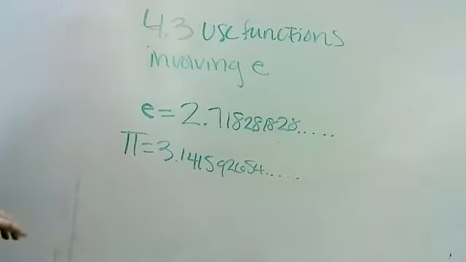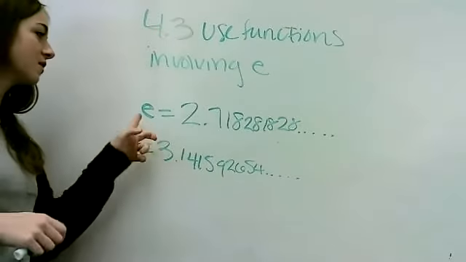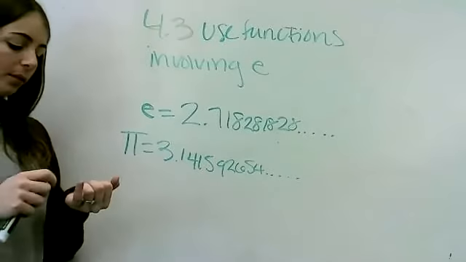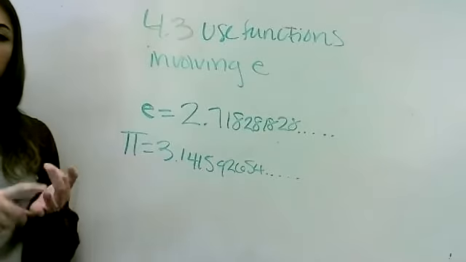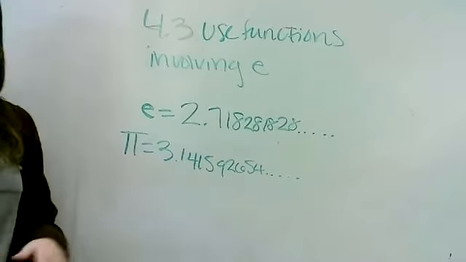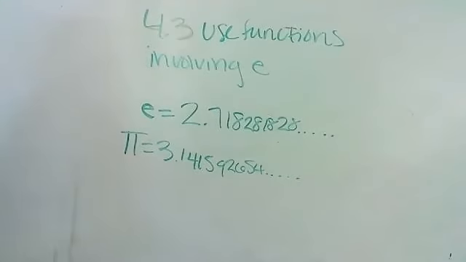So E is like pi in the sense that we at one point in time had this huge, long decimal. E is a very specific number, and it was a number that we were able to use when talking about logs, when talking about some graphs of functions. It's a very specific instance that happens.